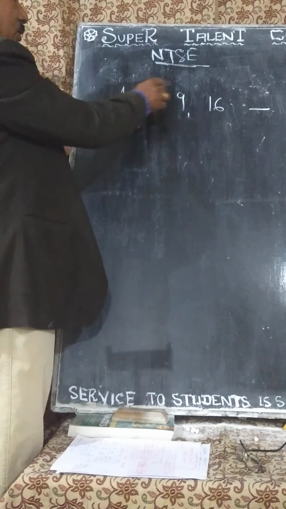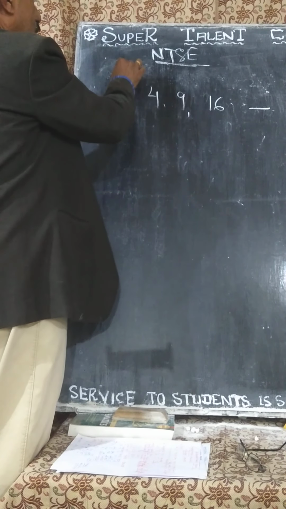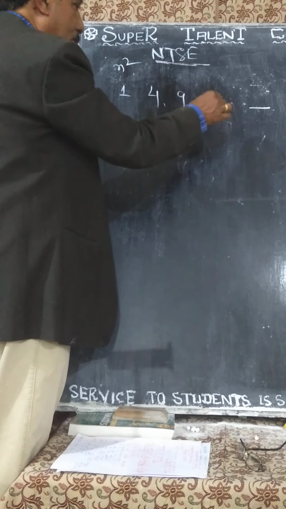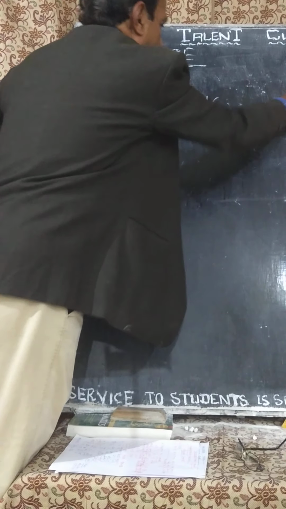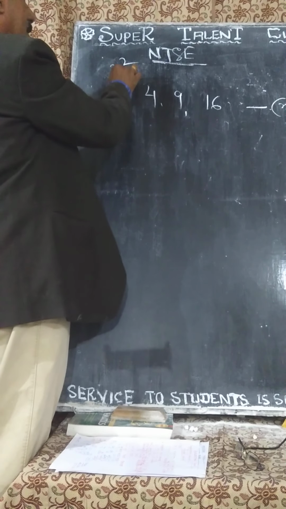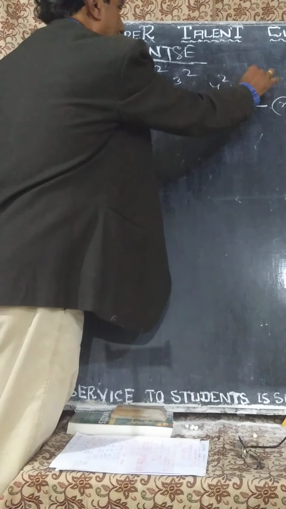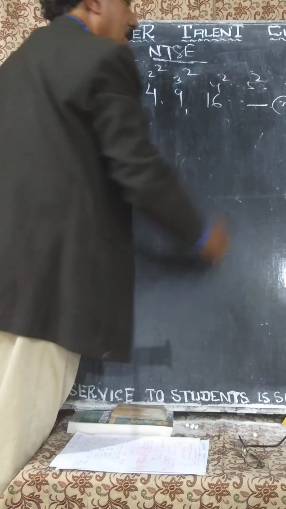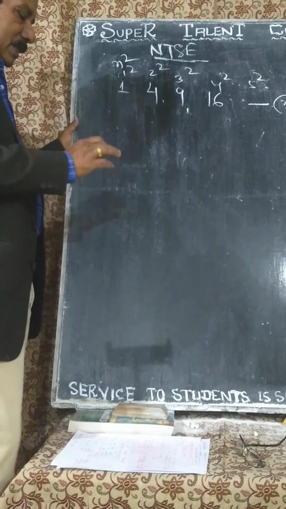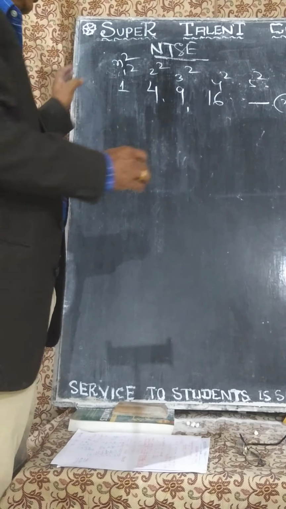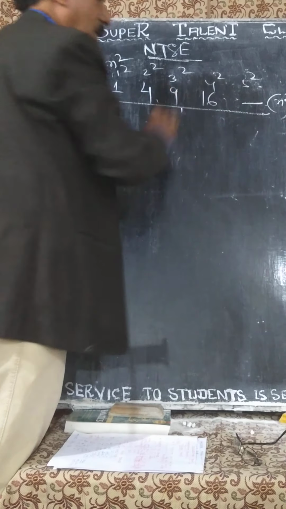For example, I show you 1, 4, 9, 16, dash. You see the logic I told you, that is n square. So you have to find the logic n square: 1 square, 2 square, 3 square, 4 square, 5 square, 6 square, continuous. Now this is the sequential logic for the series.